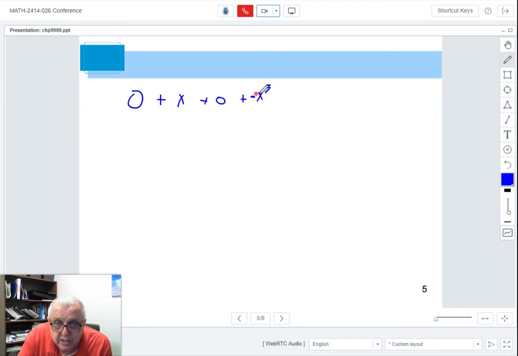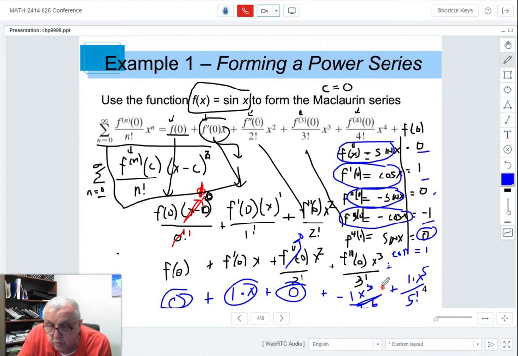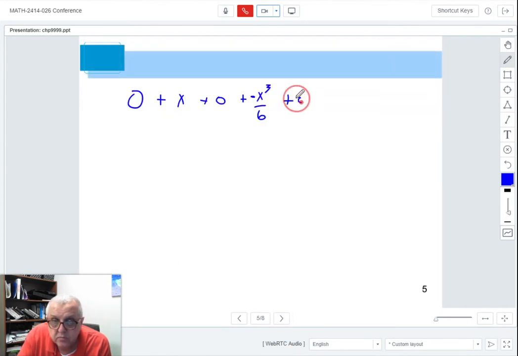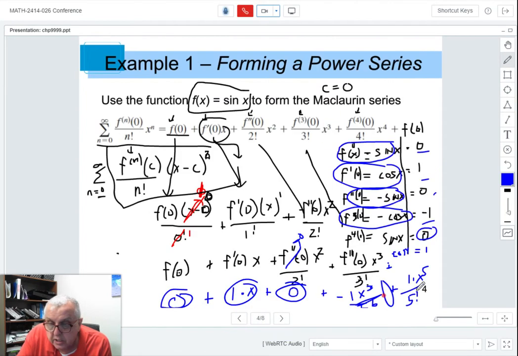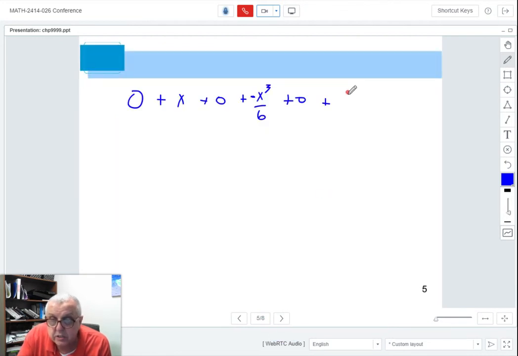Then we have 0 as the next term, the fourth term. And the last term is x to the 5 divided by 5 factorial. 5 factorial is 5 times 4, which is 20, times 3, which is 60, times 2 is 120.